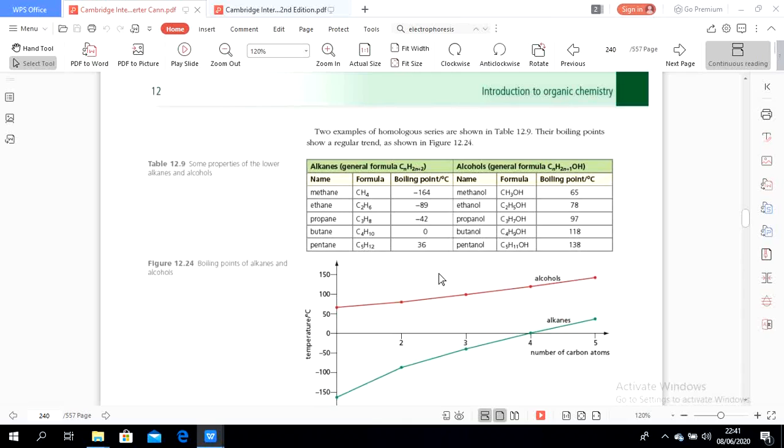There is an electronegative atom, oxygen, attached to the hydrogen that makes it hydrogen bonding. So the more carbon atoms in the alcohol, the higher the boiling point. Why? Because the number of carbon atoms increases the mass. If there is more mass, the higher the temperature required to break.